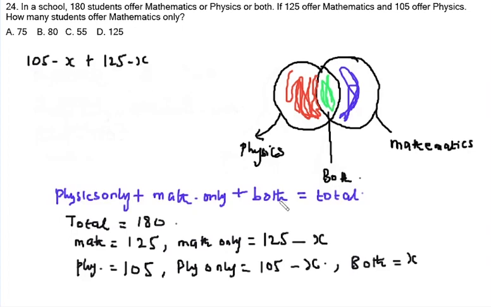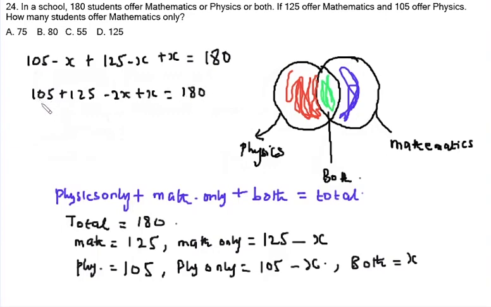People that offer both is plus x. And then the total amount is 180.